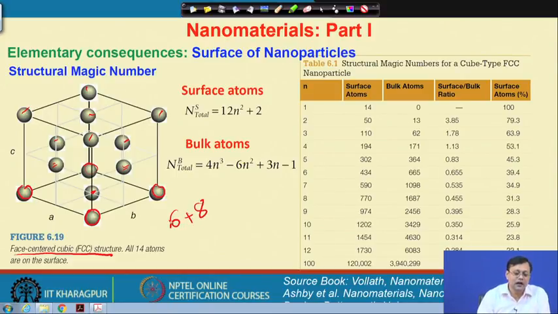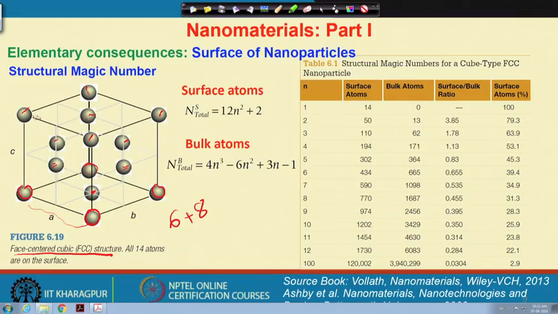Now, let us assume that this itself is a nanoparticle, meaning I have a particle on the scale of, let us say, 0.5 nanometer or something like that. Then mathematically we can calculate how many of these atoms are present at the surface or how many atoms are present in the bulk, and these numbers are basically the structural magic numbers.